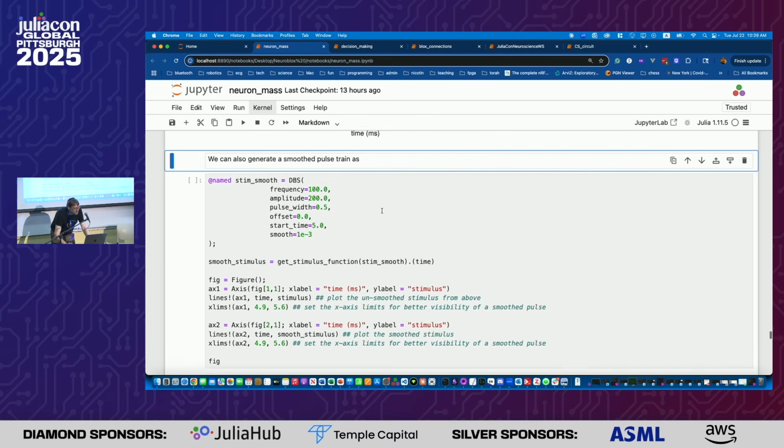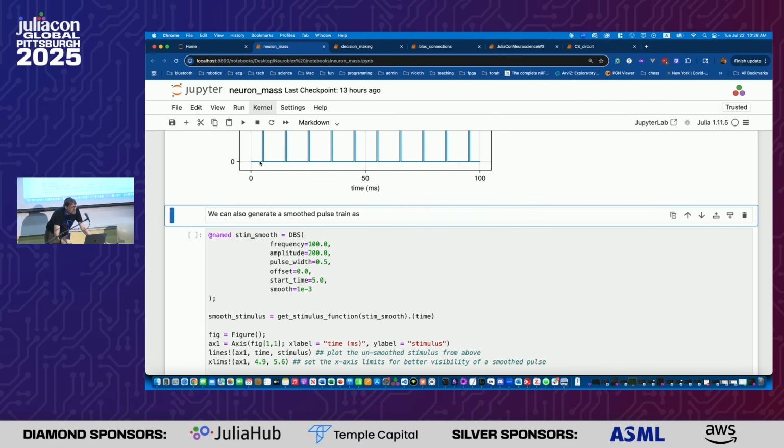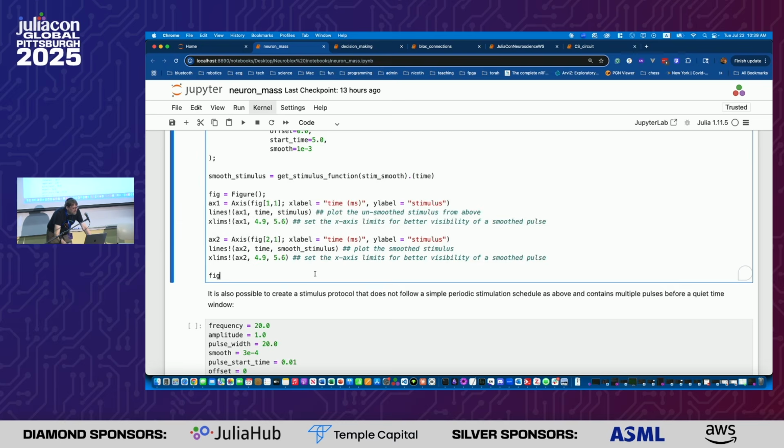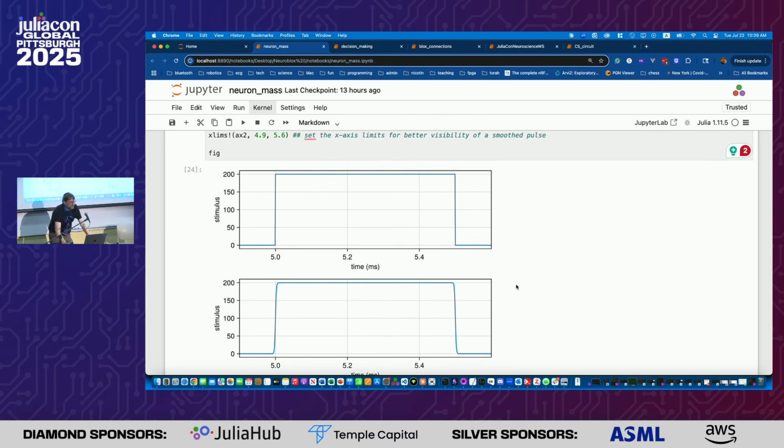In this cell, we create another spike train, but this time we smooth it. So this is very sharp corners, these are actually exact sharp corners. And here we show the unsmoothed spike train, and here is the smooth spike train.